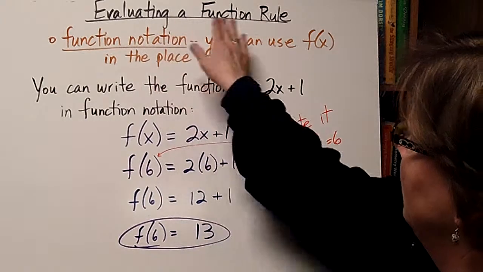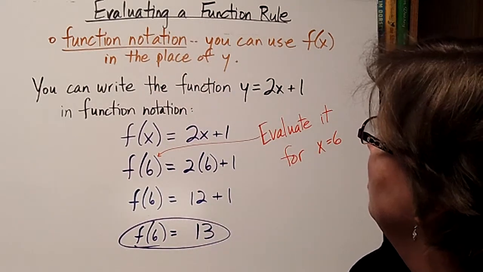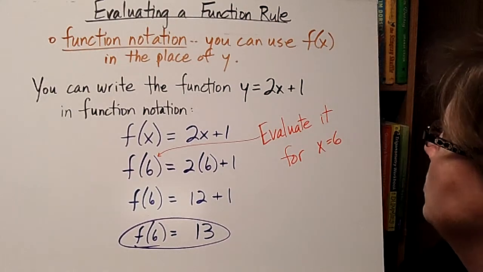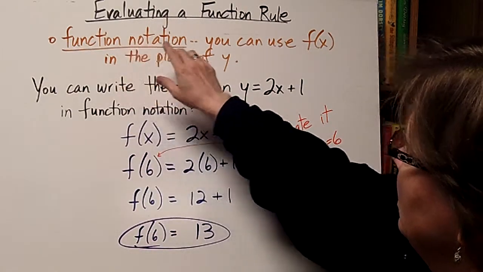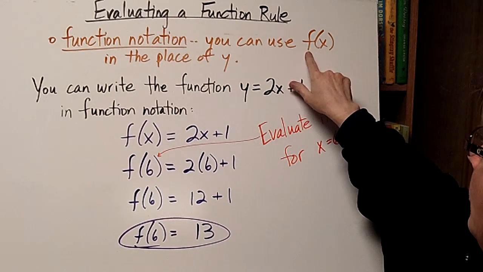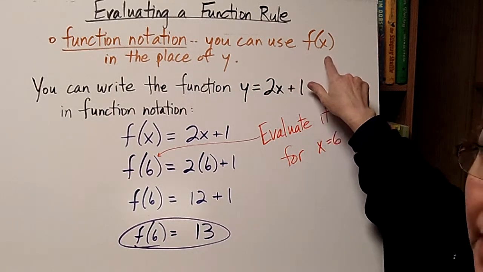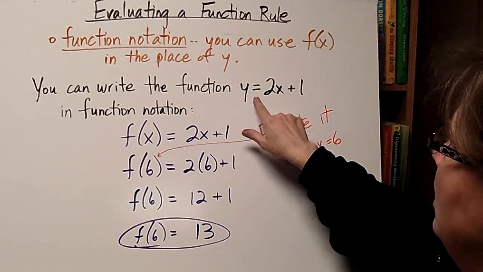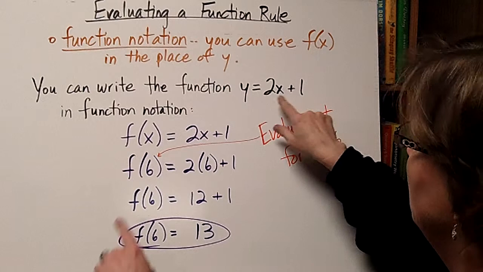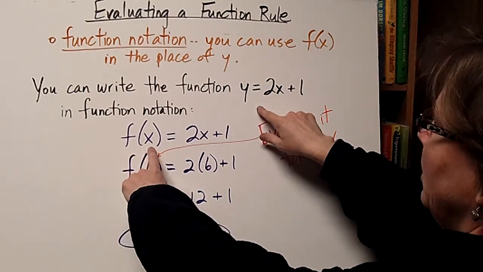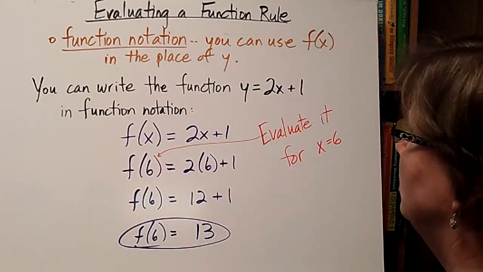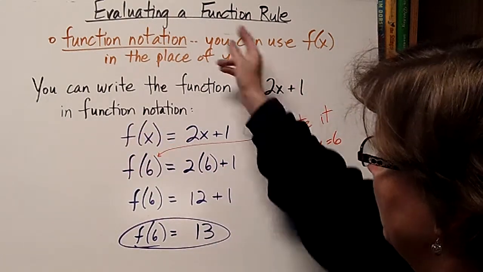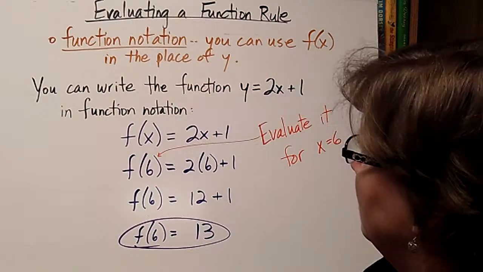When we evaluate a function rule, we're going to need to know the function notation for the function rules. Function notation simply replaces f of x, or the function of x, in the place of y. So instead of writing y equals 2x plus 1, we substitute f of x equals 2x plus 1. Why this notation? In the last chart the input is our x.